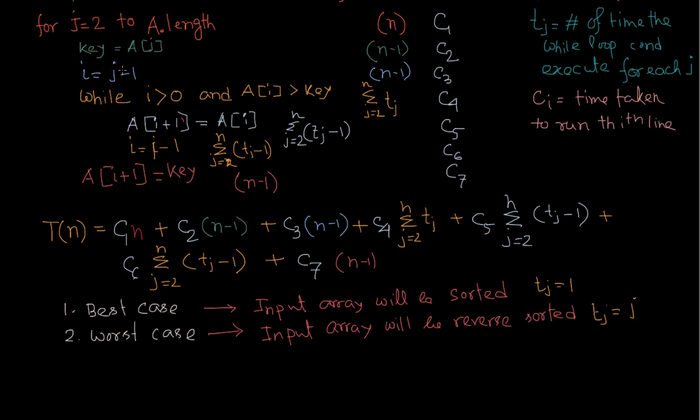As i is j minus 1, this loop completely depends on the value of j. And for the worst case scenario, as we'll be looping through all the values of j, tj will be j over there, right?